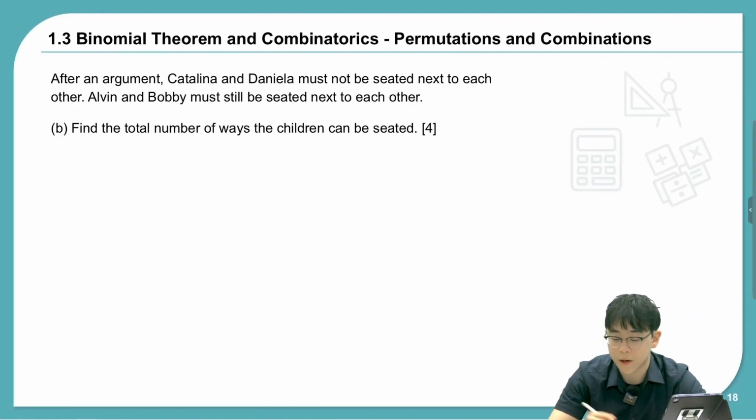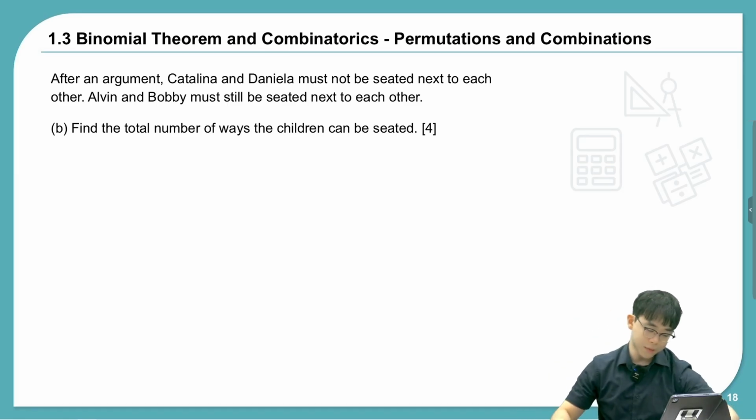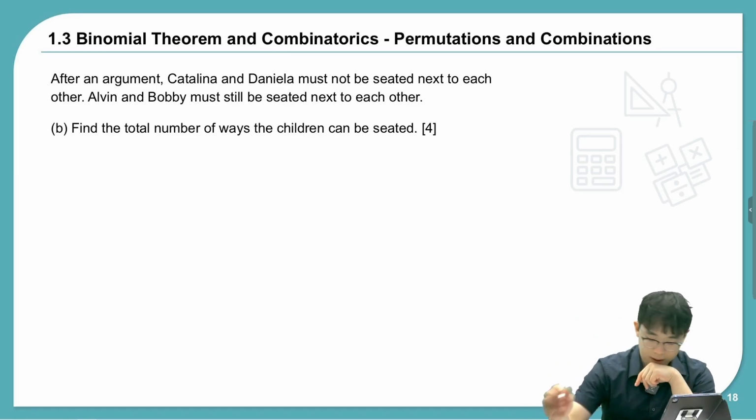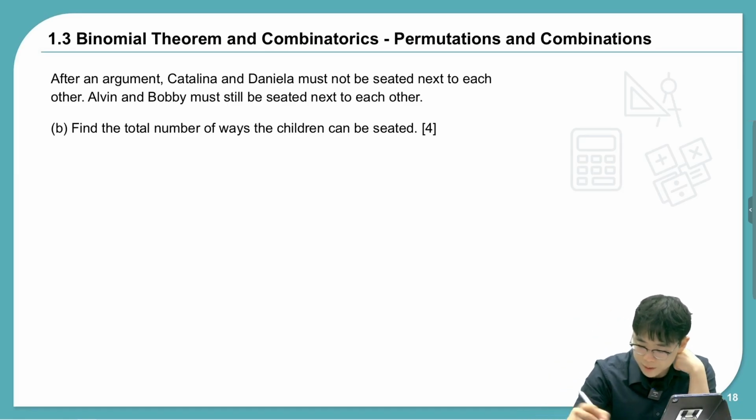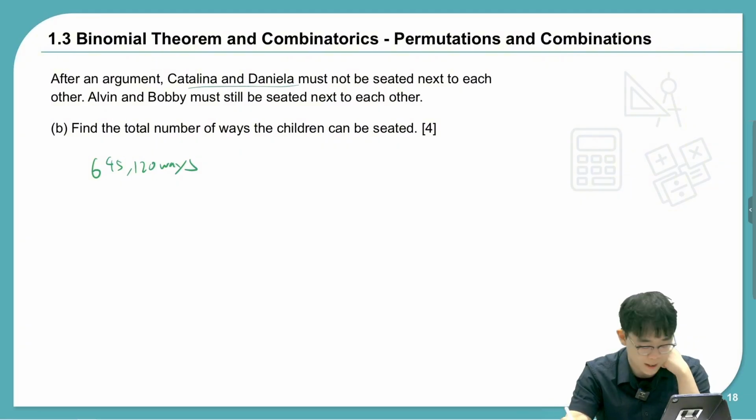Okay, and then for part B, C and D, right? Kids Catalina and Daniela must not sit next to each other while Alvin and Bobby are still sitting next to each other. So how would that work? We can actually take the original 645,120 ways, and we can subtract the cases where Catalina and Daniela are sitting together, right?